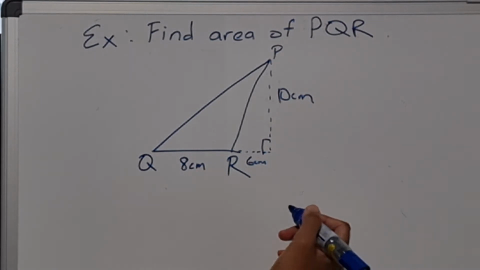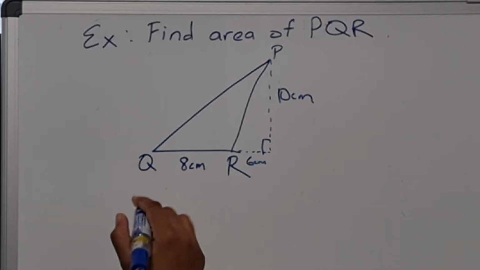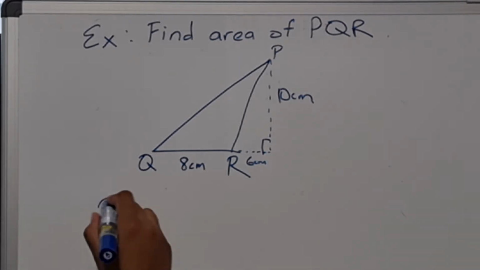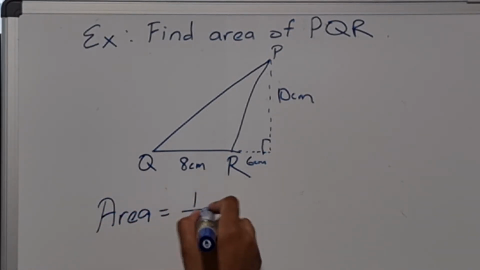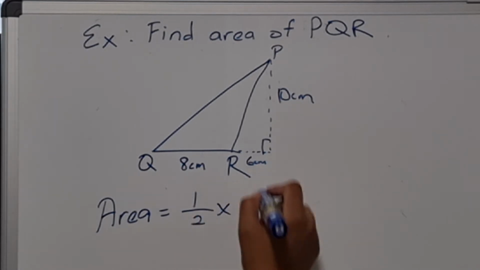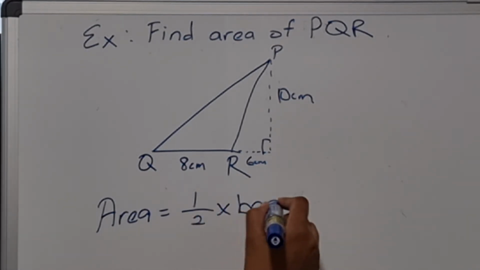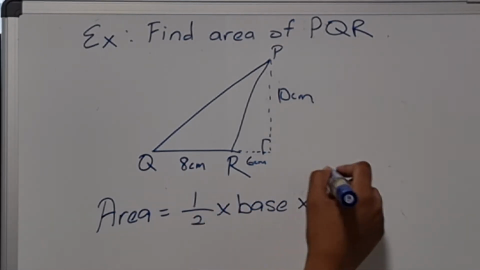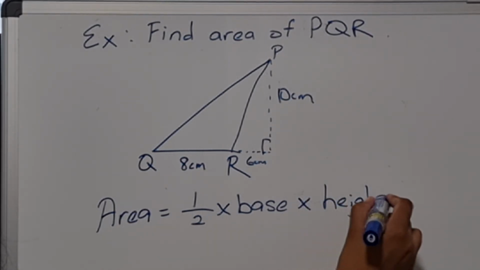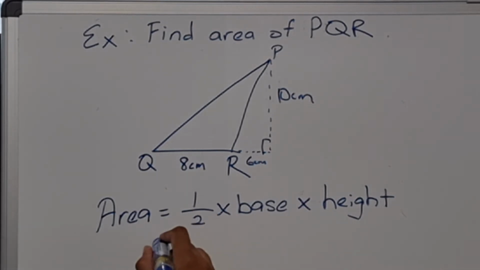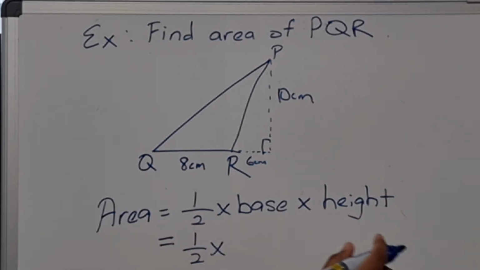Okay, so formula for area of triangle is half times base times height. Then now you fill in half times base.